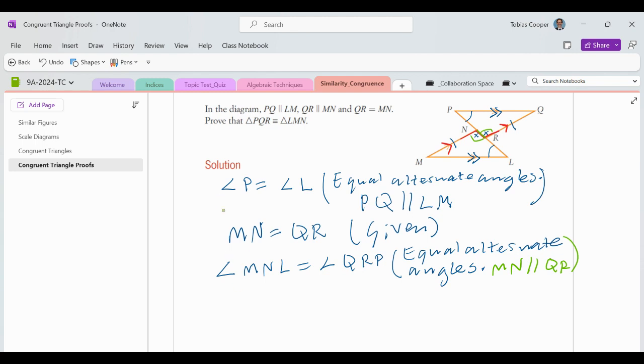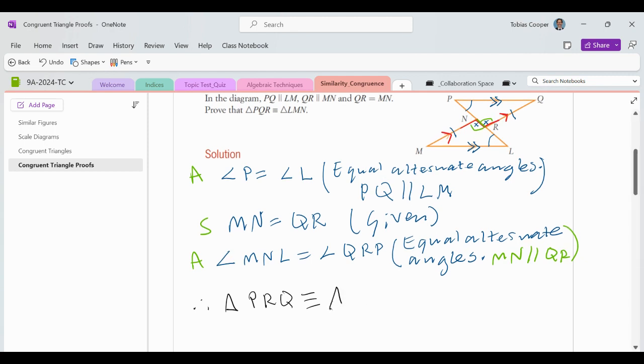Now, we've got three things we've proved are equal. We've got a side which is equal. We've got a pair of angles which are equal, and another pair of angles which are equal. So we've got angle, angle, side here. Okay, so we've got to write a conclusion at the end. We're going to say therefore triangle PRQ is congruent to... Now you've got to get the vertices in matching order.